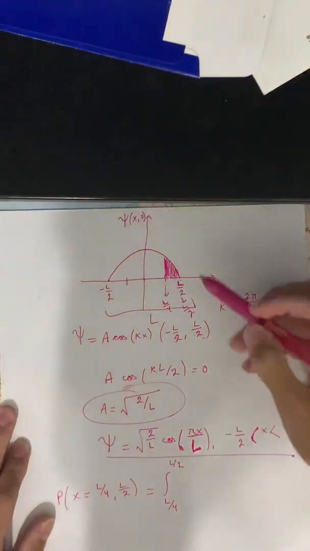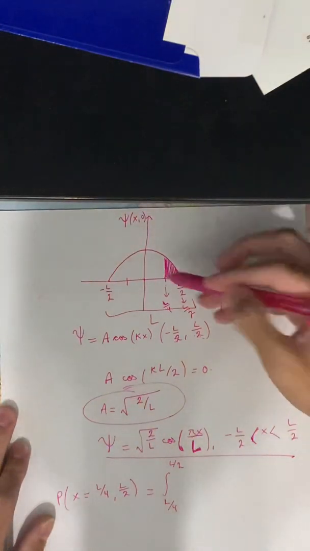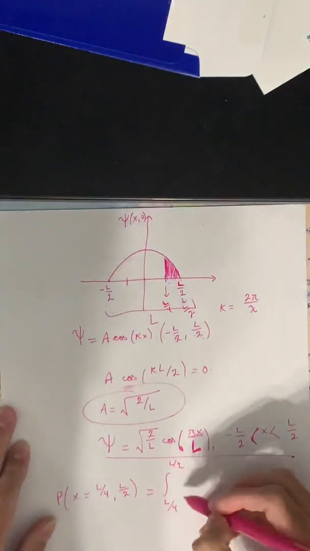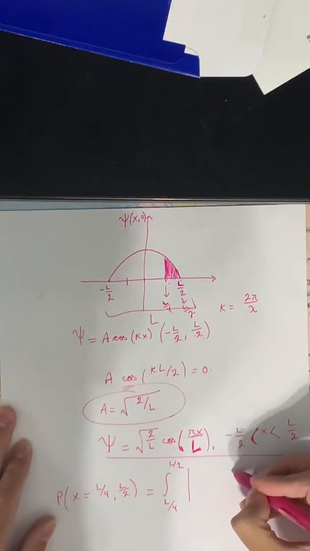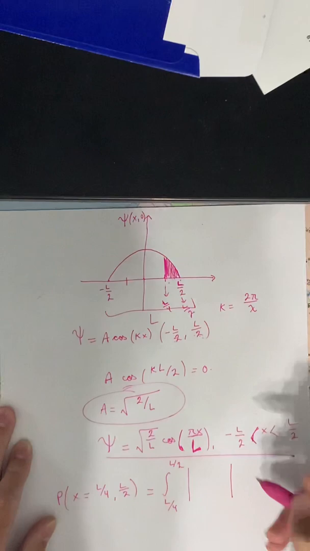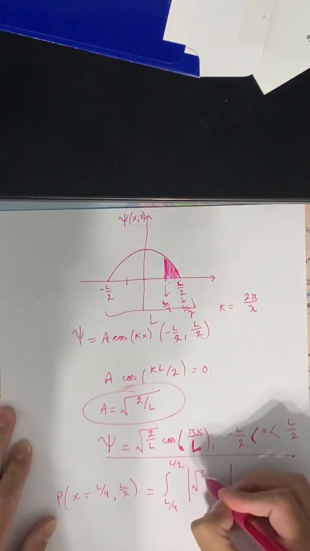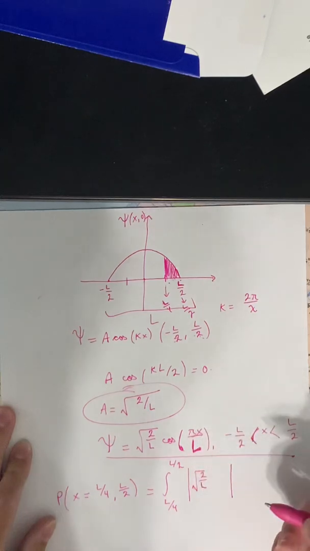The sum of all possible states from the x value of L over 4 to L over 2. So the integral, the sum of all possible wave function values, and we're going to just substitute in this 2 over L because it's just the wave function written.